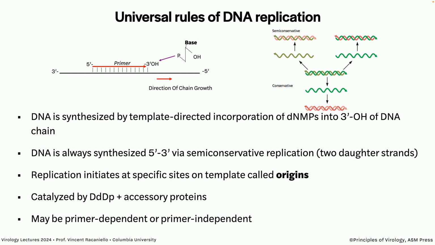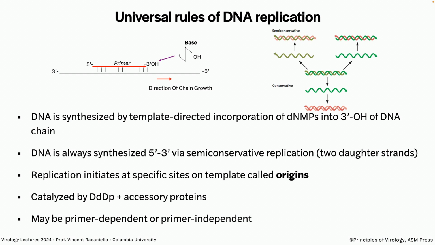I didn't do it. And replication of DNA begins at specific sites that are called origins. We'll talk about origins or origins of replication, or ORI. That's where the DNA synthesis begins. Of course, the DNA is made by DNA-dependent DNA polymerase, DNAP, plus other proteins are always needed.